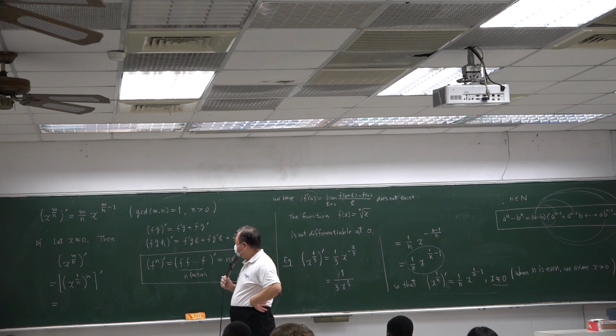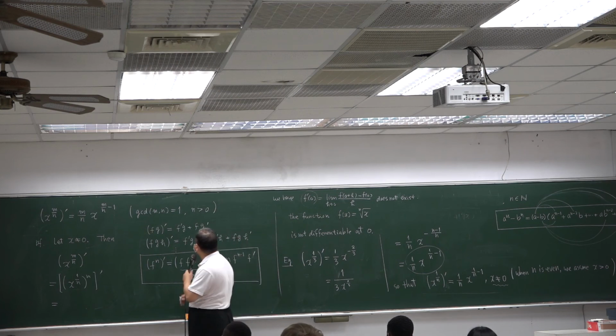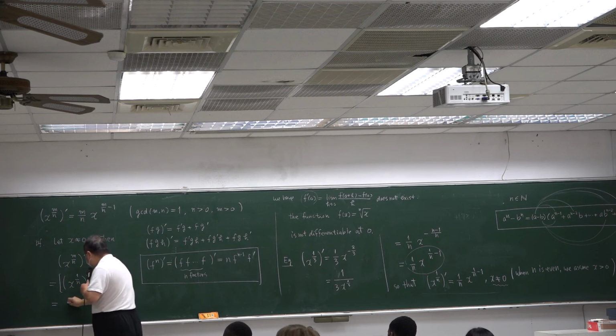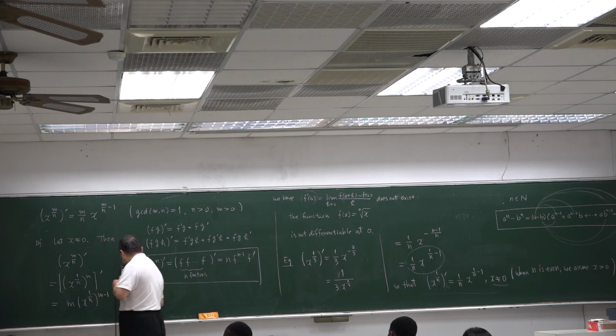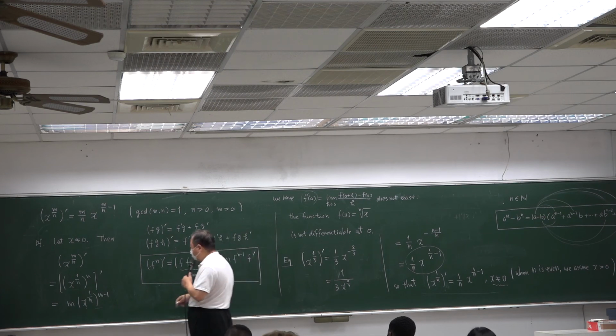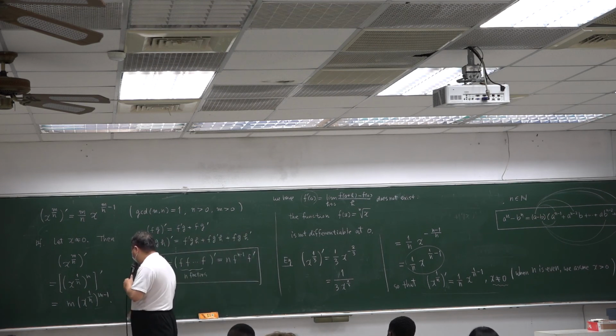If m is positive, then this is m times f raised to the m minus 1 power and f prime.